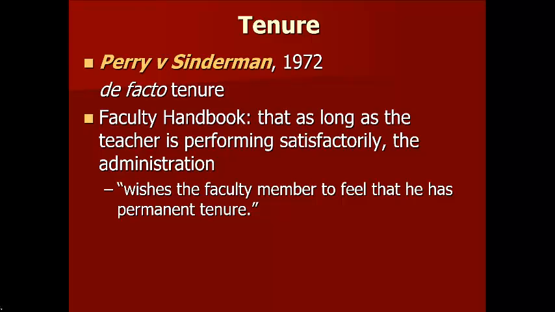And what happened in this case was simple. The faculty handbook had a statement in there that said the administration wishes the faculty member to feel that he has permanent tenure. And the handbook went on to say that as long as the teacher is performing satisfactorily, the administration wishes that they feel this way.